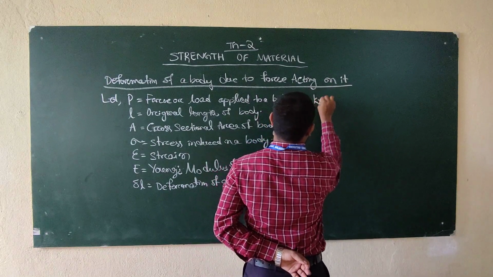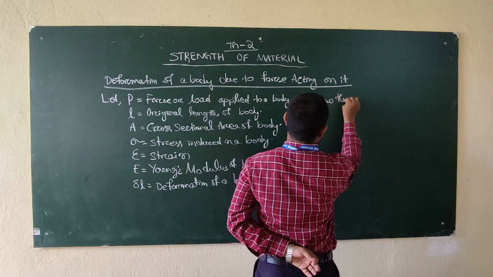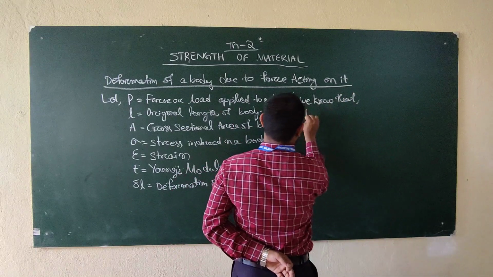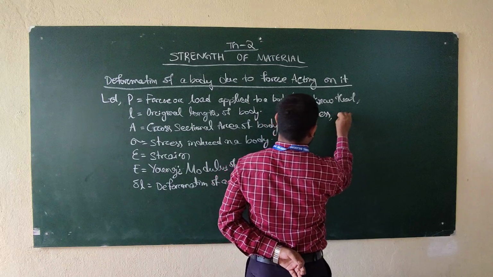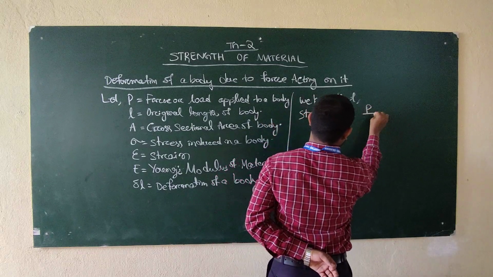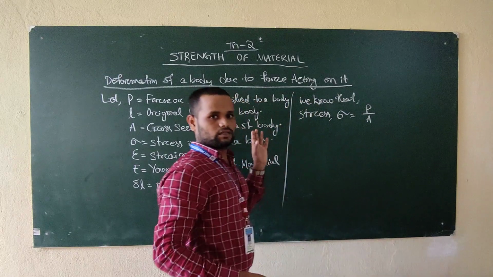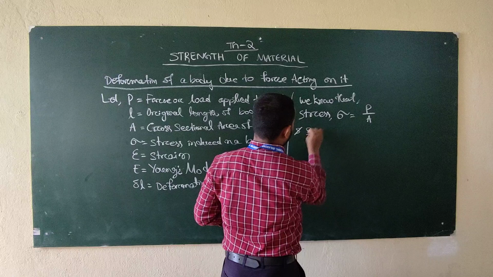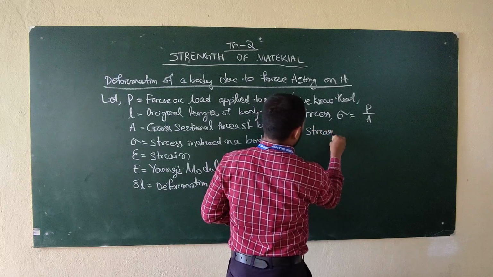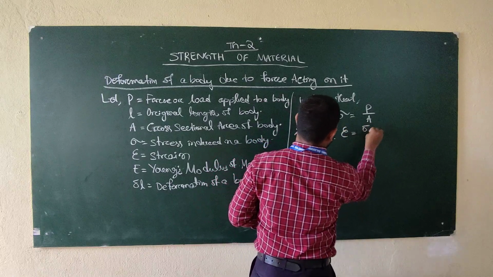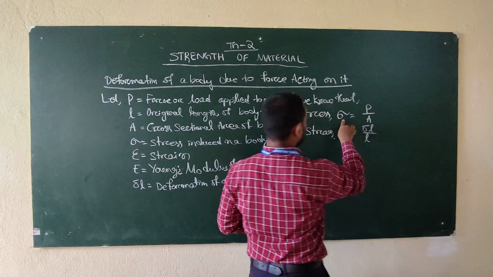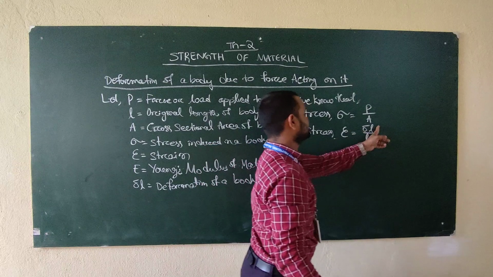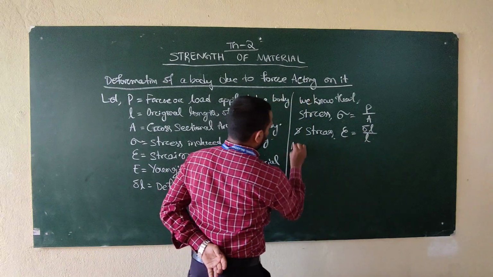We know that stress sigma equal to P by A, and strain epsilon equal to del L by L, change in length by original length.